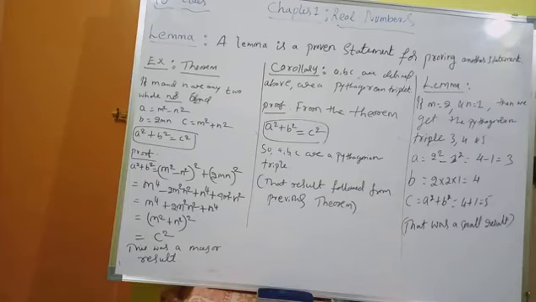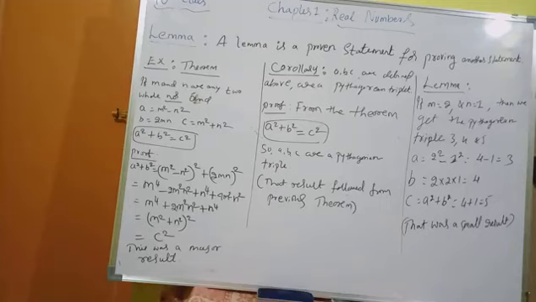Let's come to the most important concept, rational numbers. What is a rational number? A number which can be expressed in the form p by q, where q does not equal 0, is called a rational number. All the terminating and non-terminating recurring decimals are rational numbers.